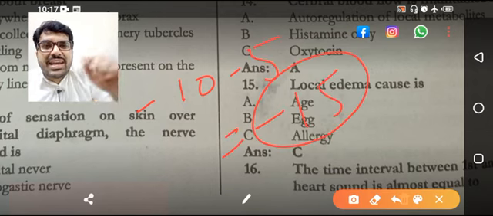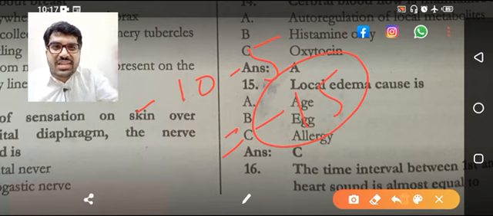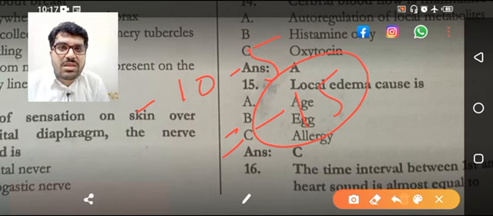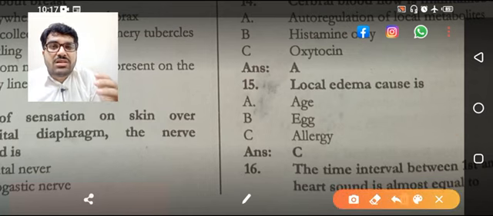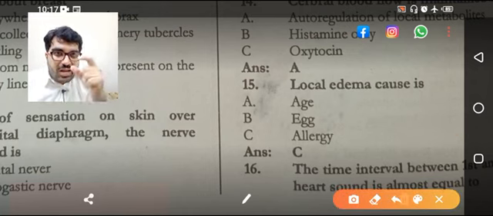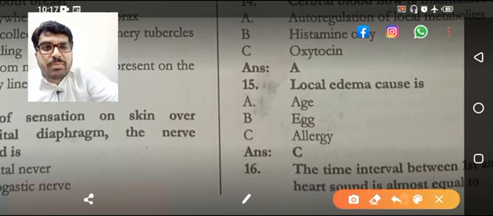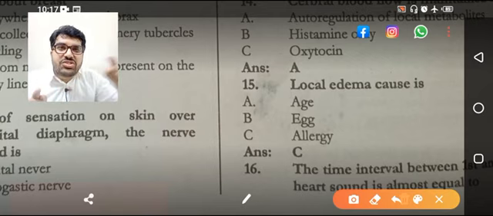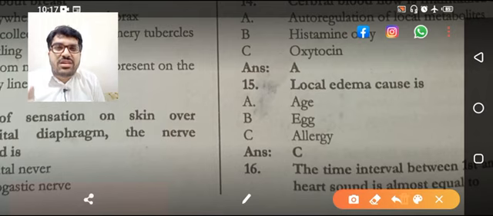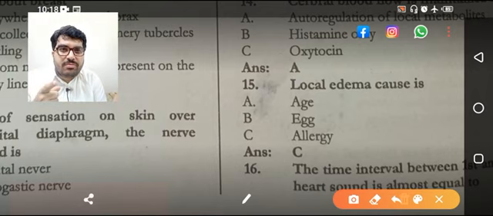So the negative is increased, the negativity is increasing, but overall that is decreased. So during inspiration, if in the option they mention the intrapleural pressure, what decreases during inspiration? The answer is intrapleural pressure, not the negative intrapleural pressure.